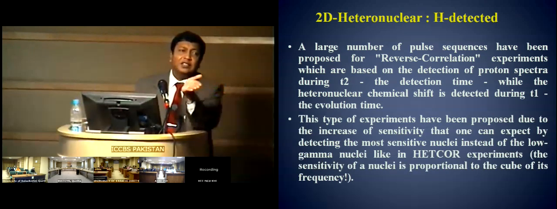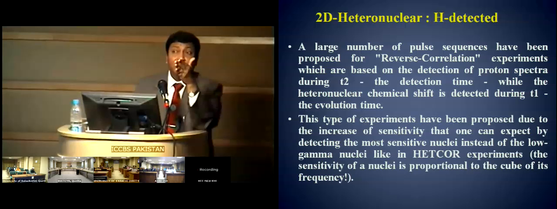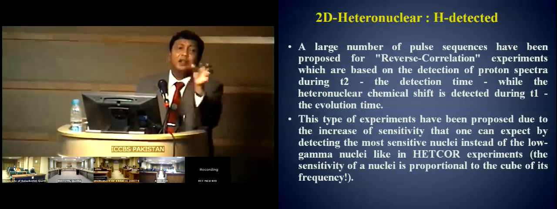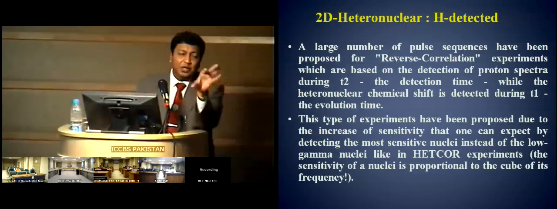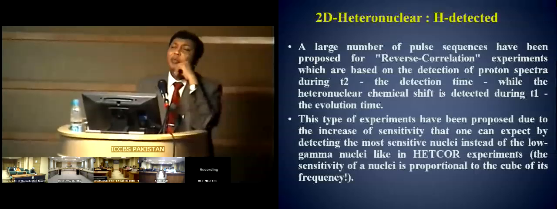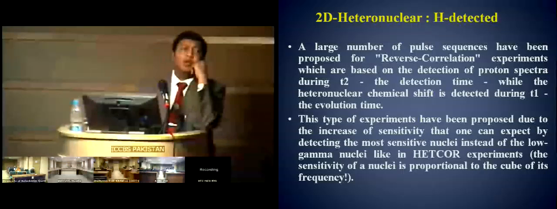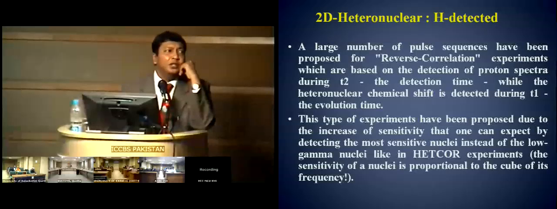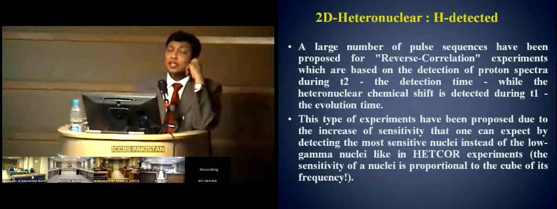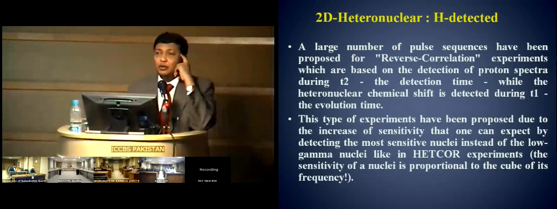You do exactly the same thing with the carbon as you have done in proton INEPT, exactly as it is, everything identical. You let the carbon split into two and then have an antiphase, and then you turn it like this, and then you see that the carbon polarization is transferred into proton. But you're not detecting carbon. What you are detecting right now is proton.